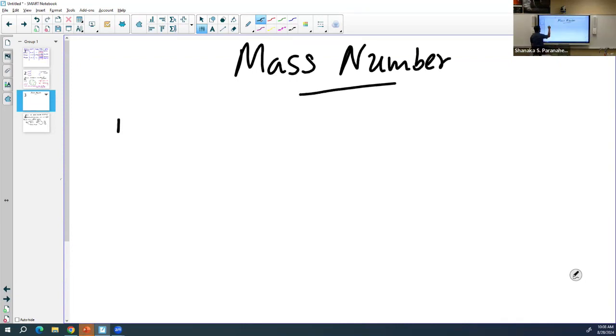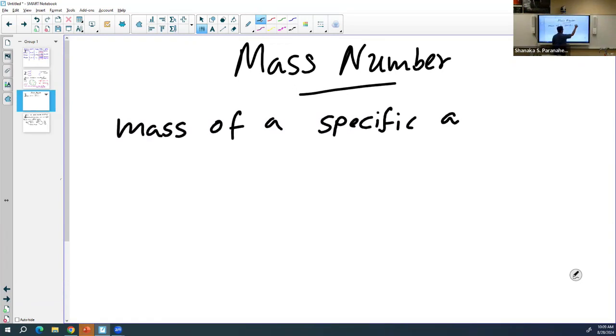Mass of a given atom. Mass of specific atom. So there's a way to specify the mass of an atom. So we are going to use a standard symbol to specify the mass of a given atom.